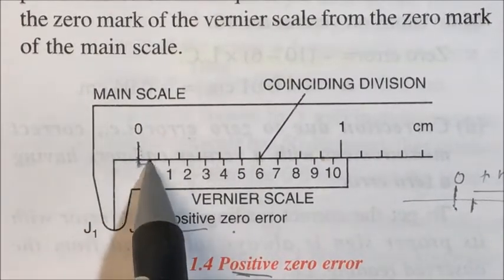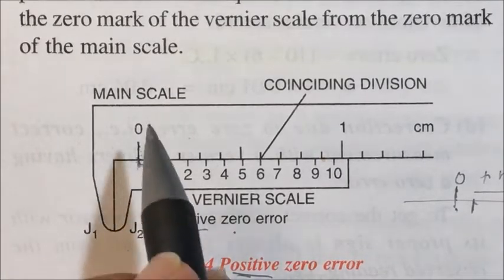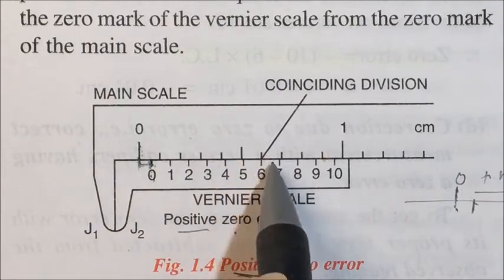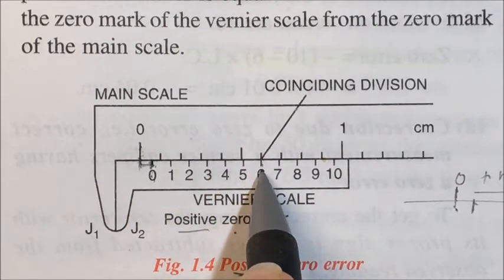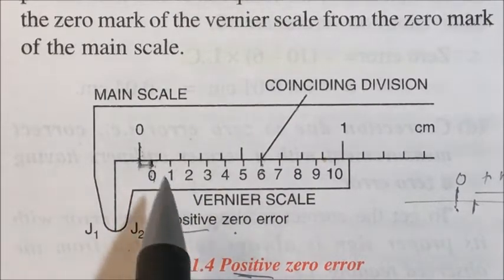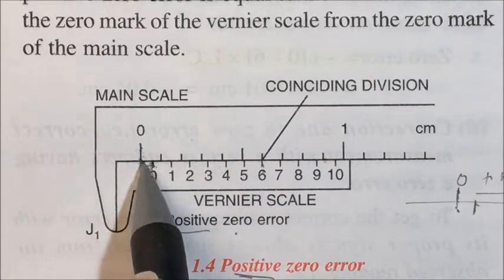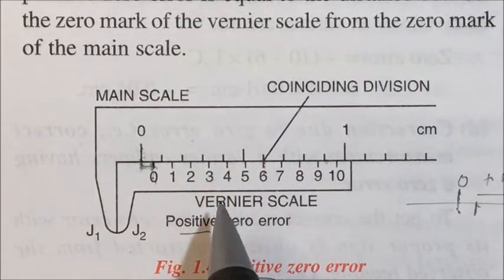Now how to calculate this length? This we have already discussed in measurement of any length. So we will see which division is coinciding. The sixth division is coinciding. So sixth division will give us the length of this difference. So sixth division, 6 into the least count of this vernier caliper.